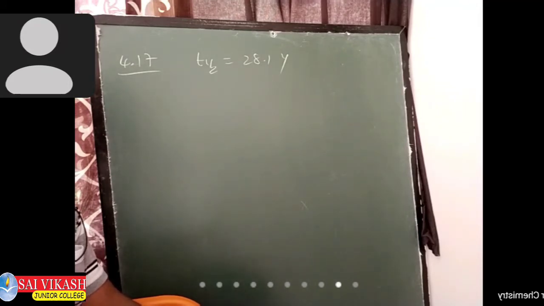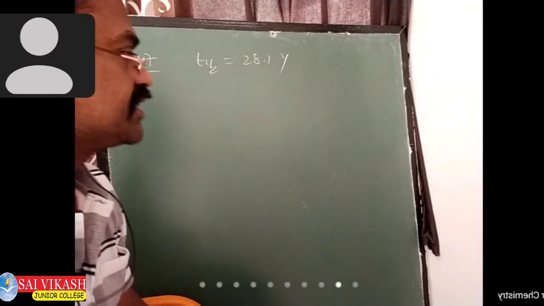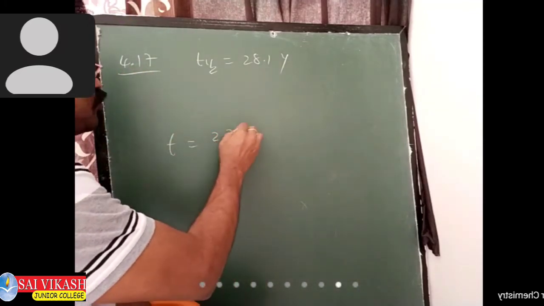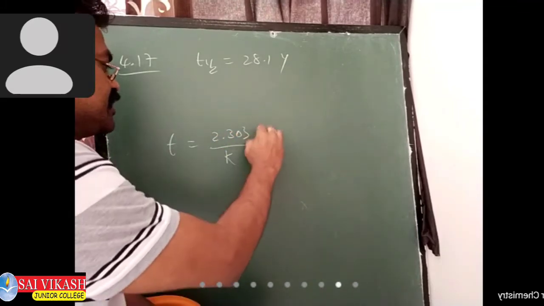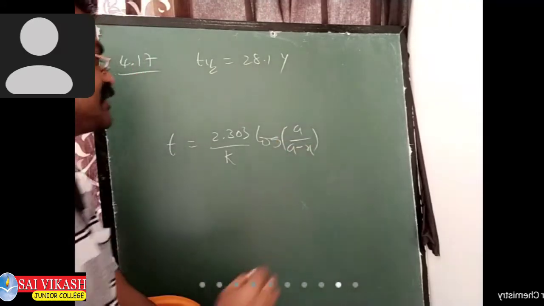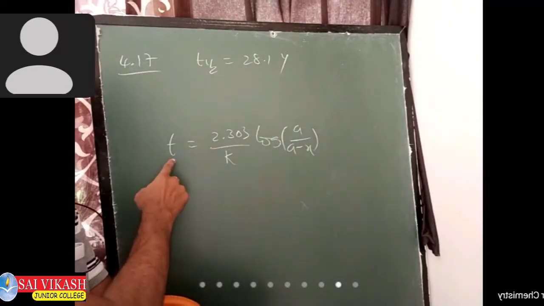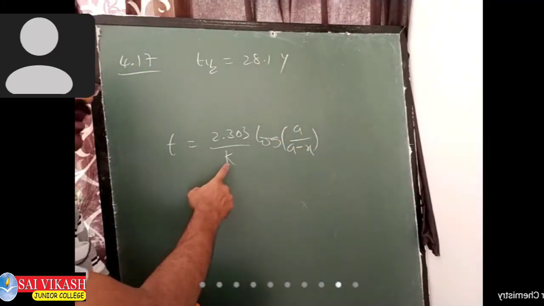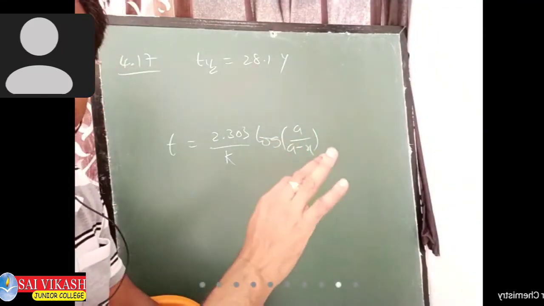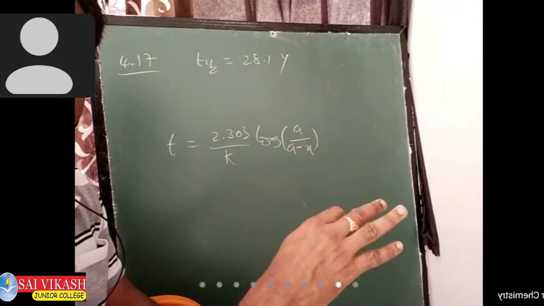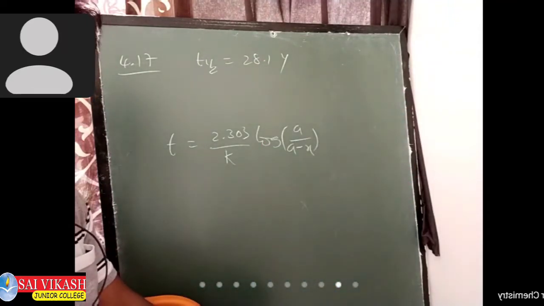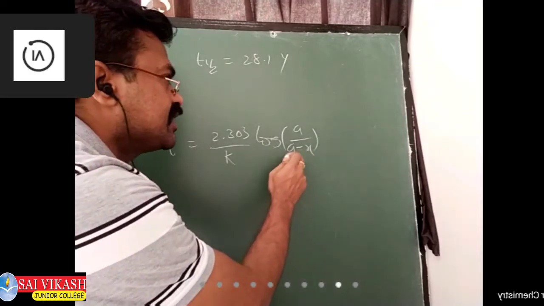See, if concentrations are given, this is the formula. We know that t equals 2.303 by k log of a by a minus x. The time of the reaction is t, the rate constant is k, a is the initial concentration, and a minus x is the concentration of reactant left at time t. They are asking for the a minus x value.